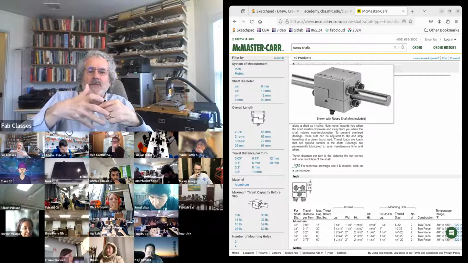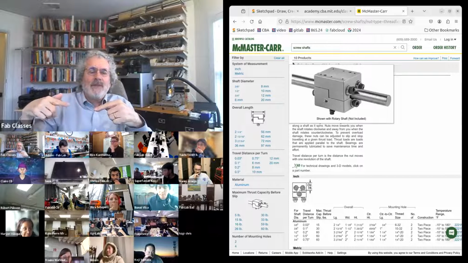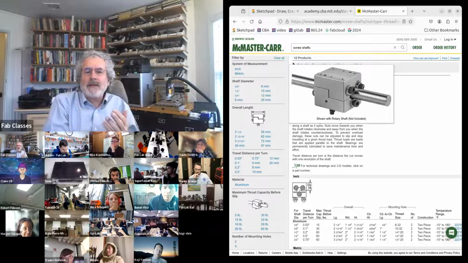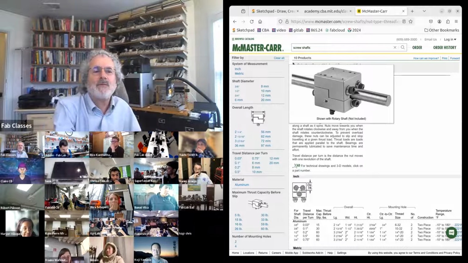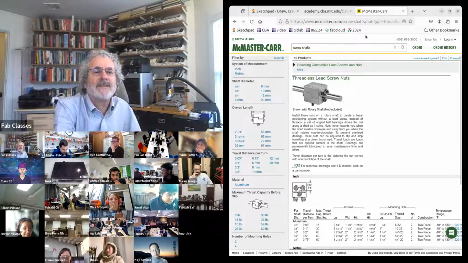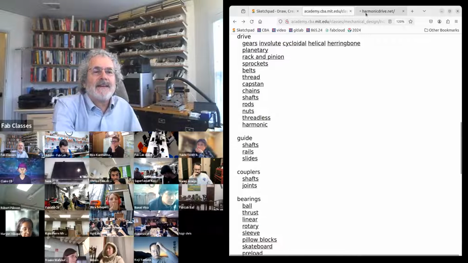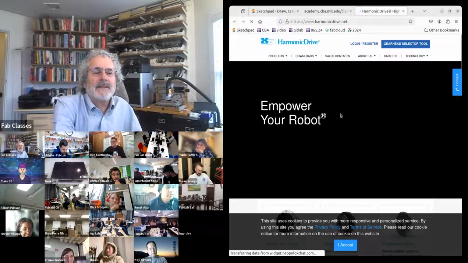What it wants to do is spin. And so when you move that, it makes the equivalent of a threaded motion without a thread to move along the rod. And so that's a threadless drive.